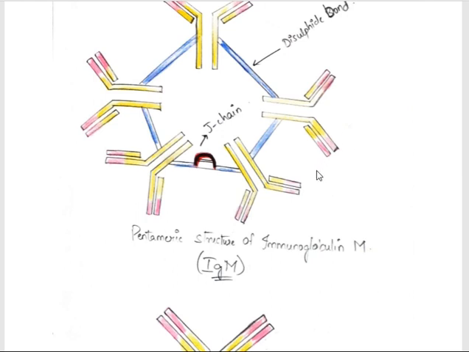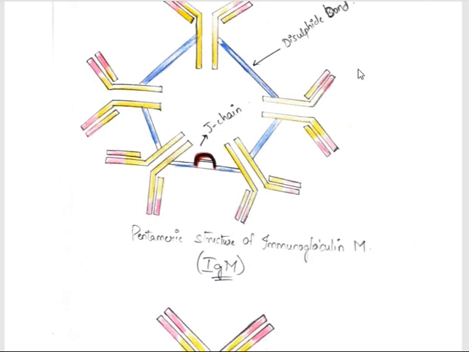And this IgM is the earliest immunoglobulin to be synthesized by the fetus. Okay, it is not transferred from the mother. The fetus itself synthesizes the first immunoglobulin, that is IgM, starting at about the 5th month of fetal life.